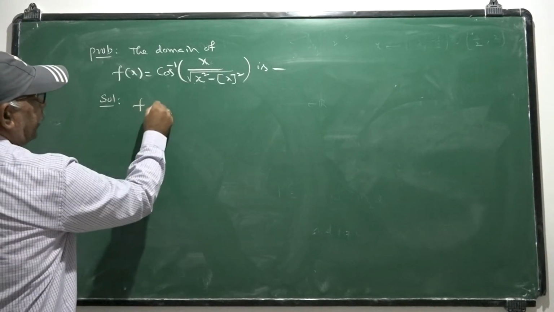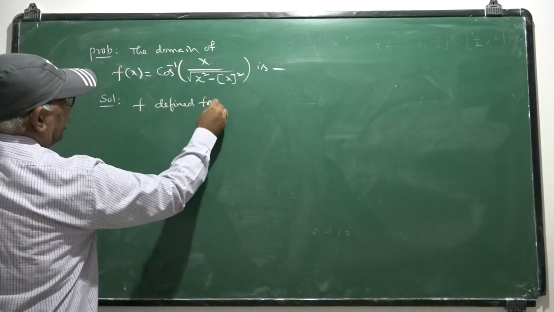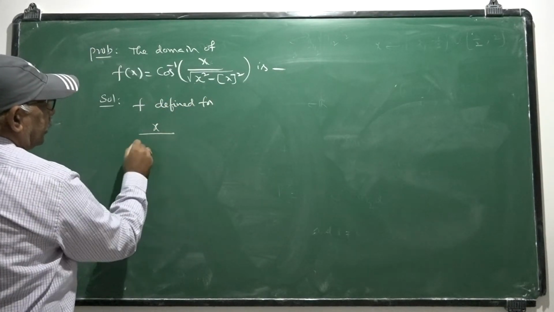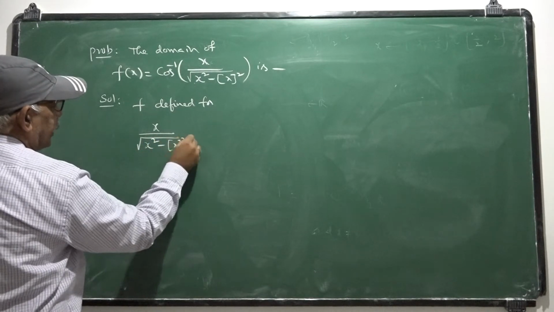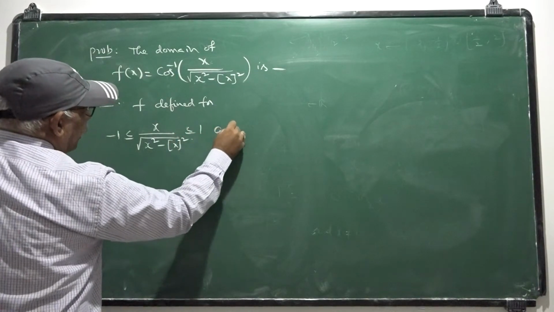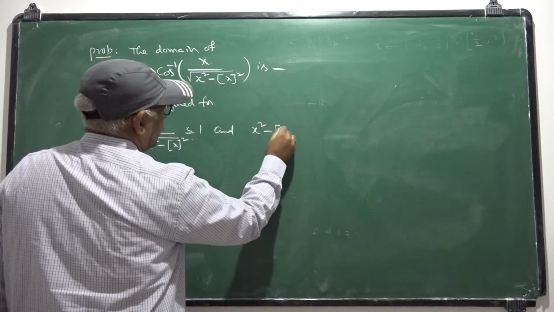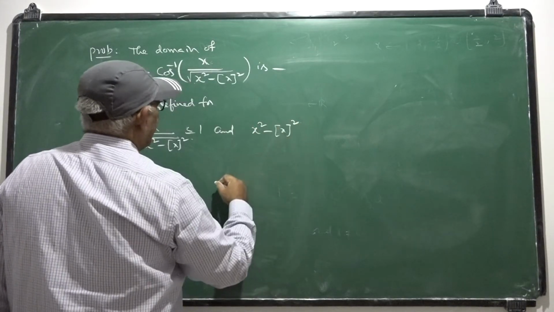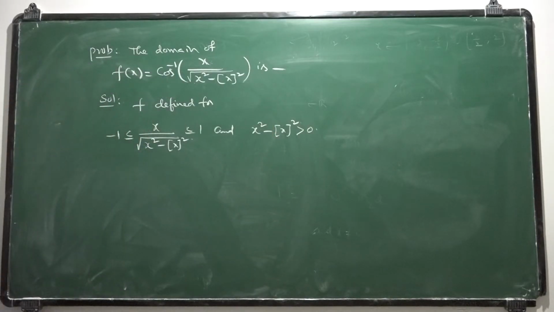So f is defined for x by under root x square minus step x whole square lying between minus 1 and 1, and moreover x square minus step x whole square is positive, only positive, it is not equal to 0.